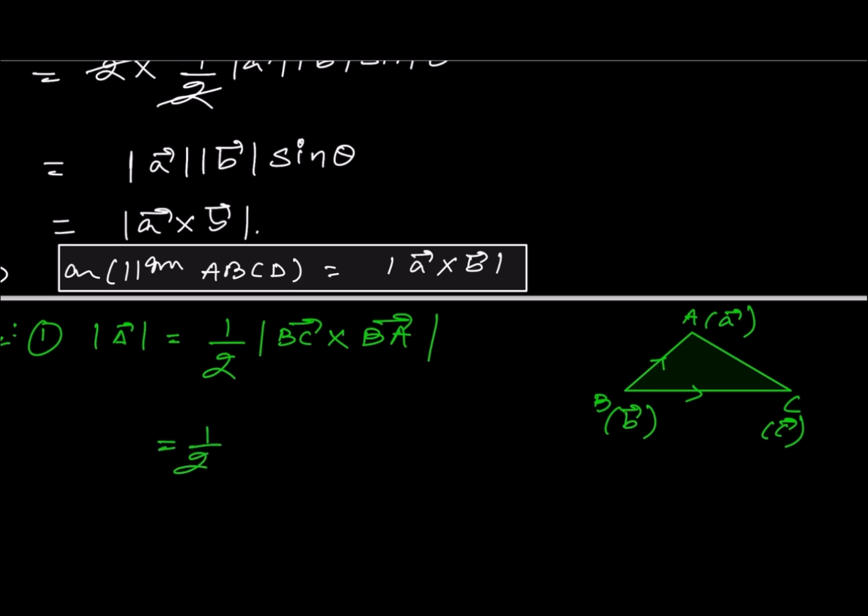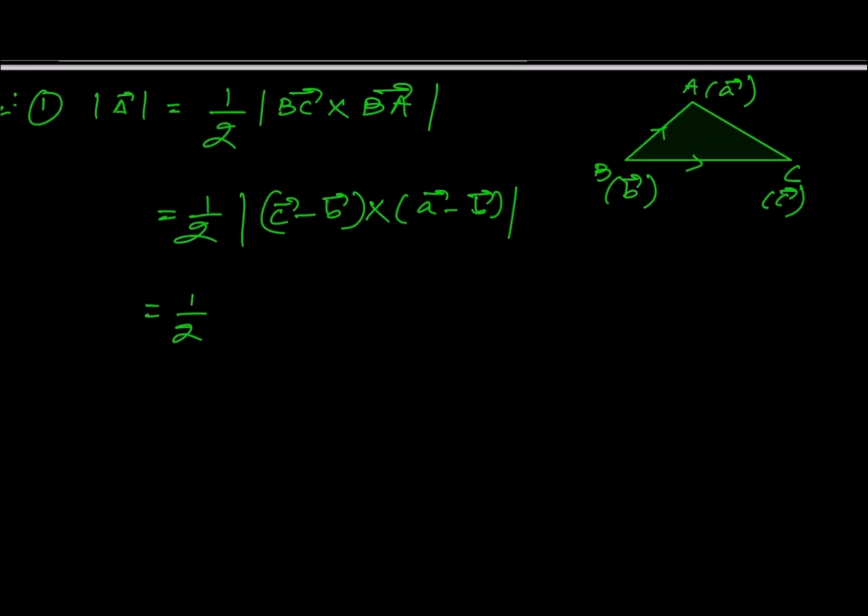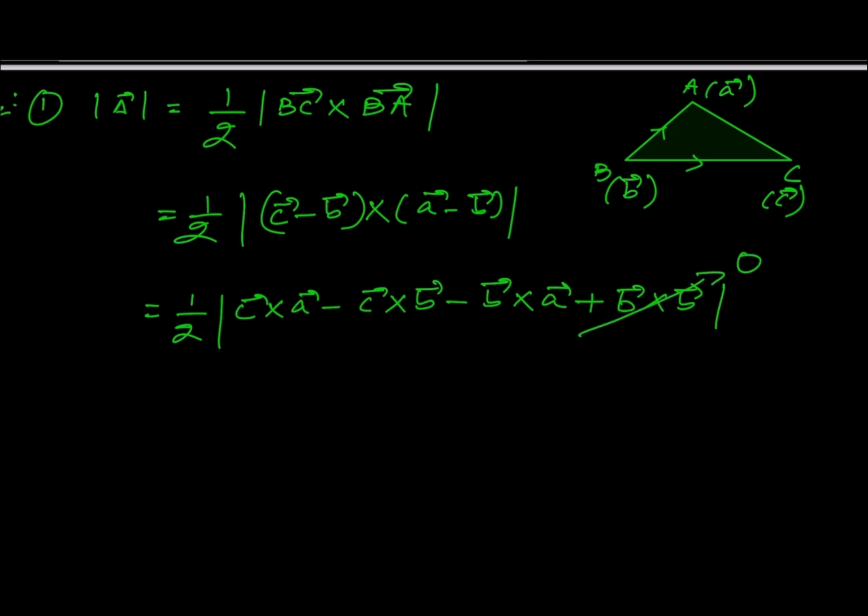So this is half, BC is C minus B, cross BA is A minus B. So this is C cross A minus C cross B minus B cross A plus B cross B, and B cross B is 0, so this will become minus B cross A can be written as A cross B, minus C cross B can be written as plus B cross C, plus C cross A. Okay, this is mod of delta vector.